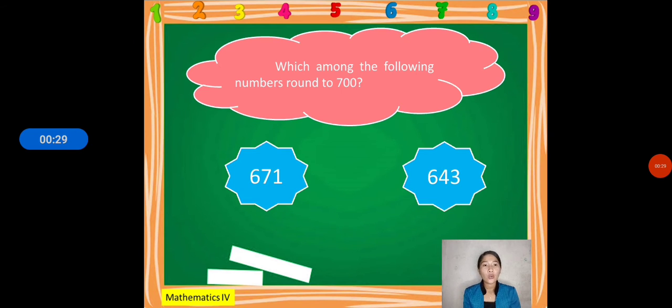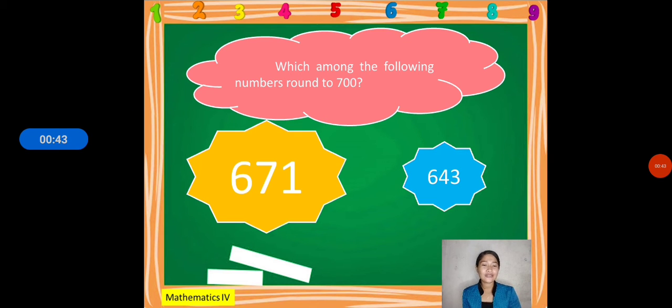Next, which among the following numbers round to 700? Is it 671 or 643? The answer is 671. Later, we will know why the answer is 671 in our presentation.